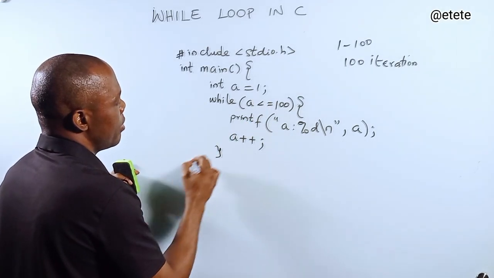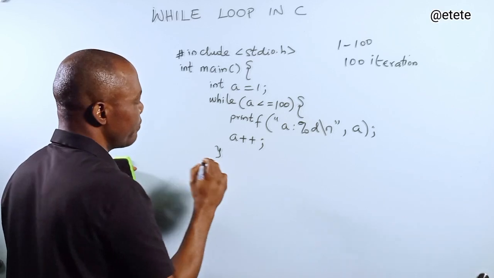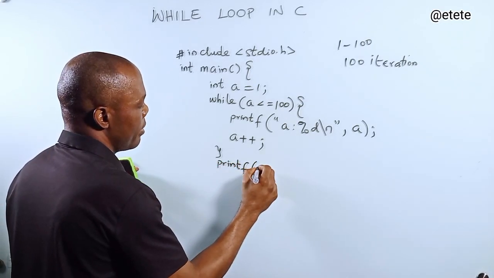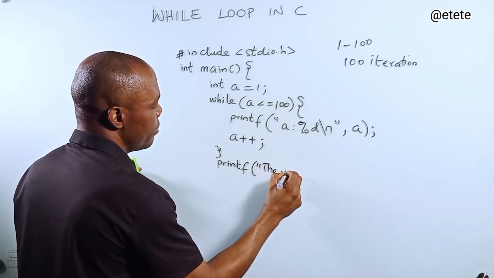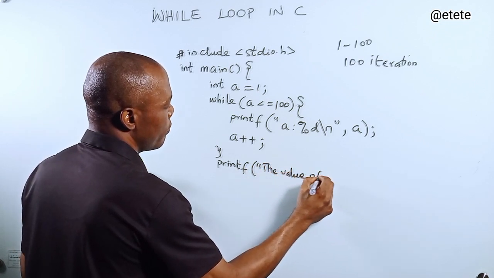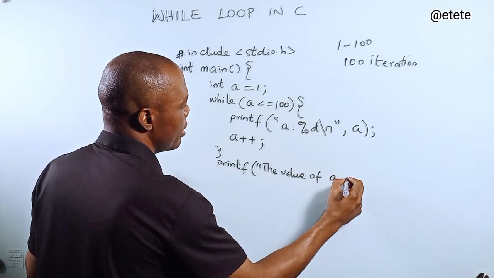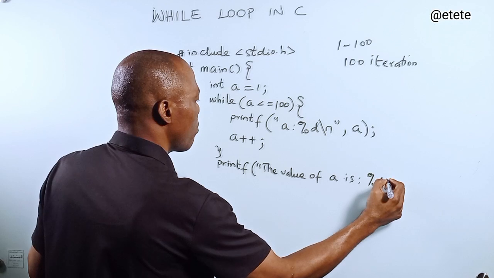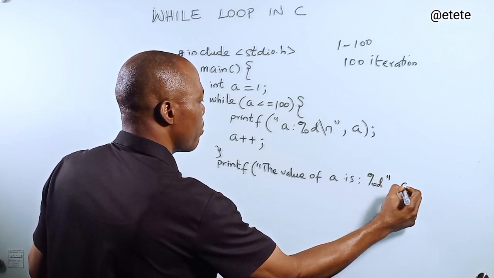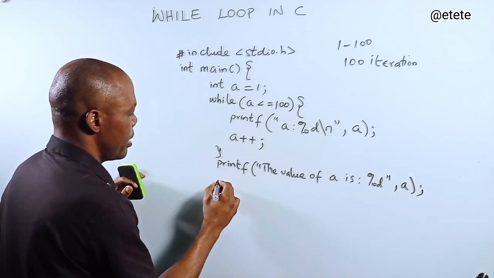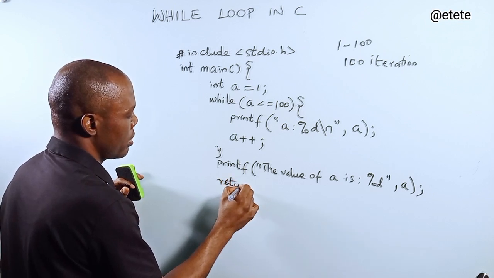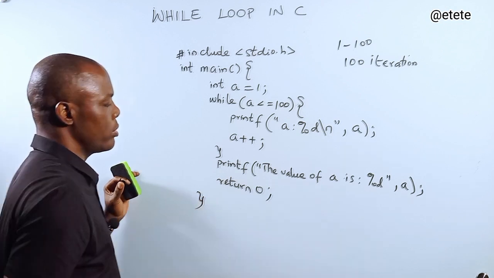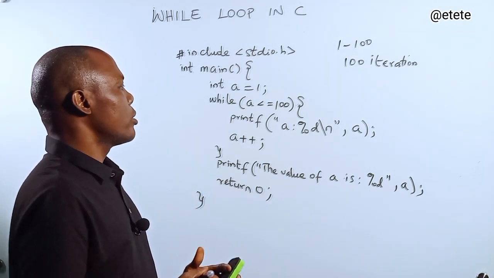Then I will end here. Then if I want, I can also say printf, the value of a is, a. Then I will say return 0. Then I will close it here. All right, so this is my program.